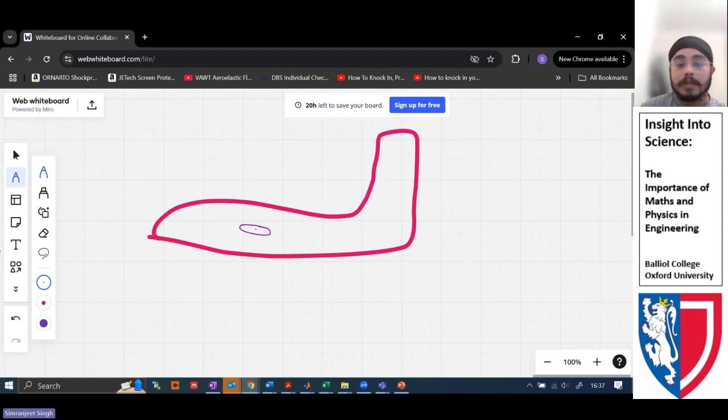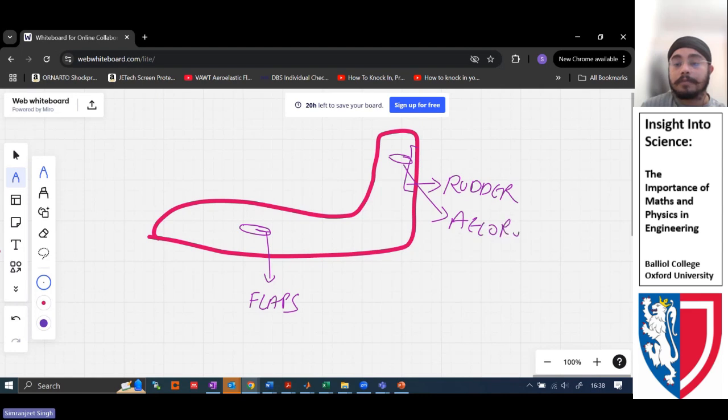Wings actually have flaps. Then we have yet another control surface, which is joined by another control surface here. This we basically call rudder and aileron.